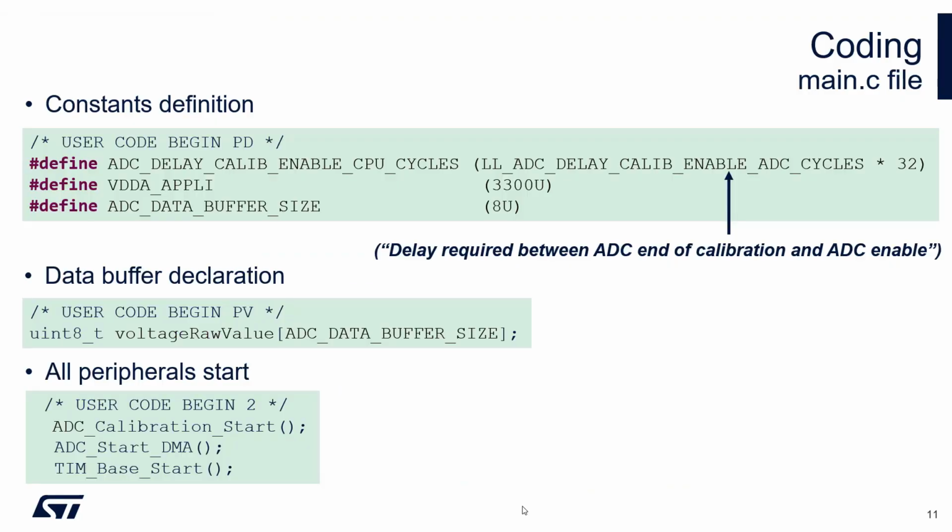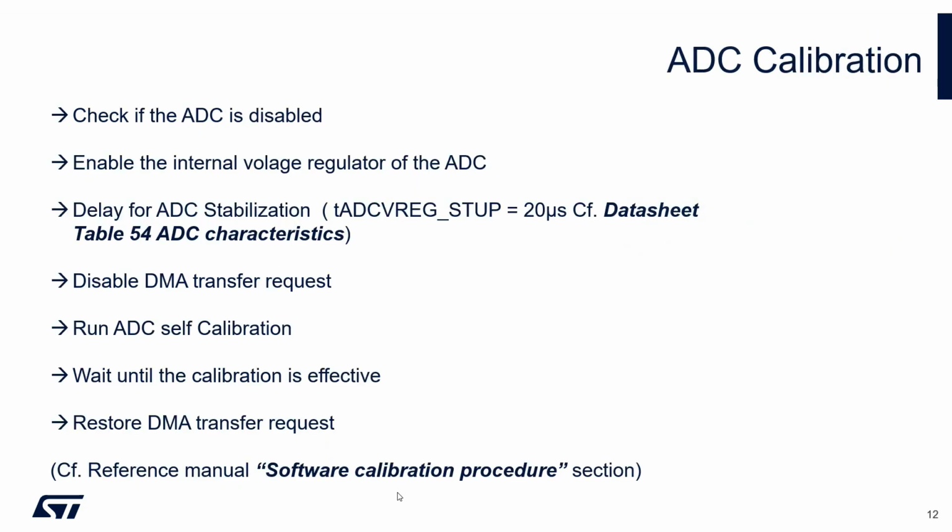So for each function, we will provide some details related to its implementation. Regarding the ADC calibration, first of all, we will need to disable the ADC, and then we will enable the internal voltage regulator. After that, we have to wait a stabilization time, which has been defined in the datasheet.